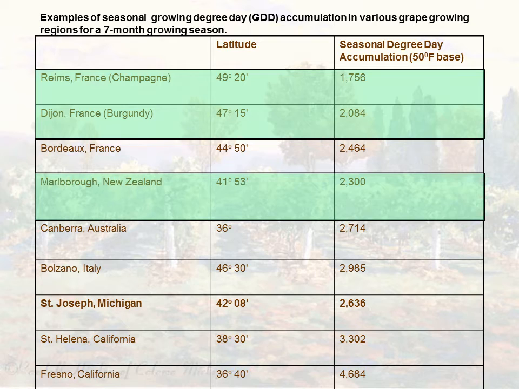They are early ripening grapes, or they are grapes that do not fully ripen because they're processed into champagne. So that range of growing degree days, say from about 1,800 to 2,300, is on the low end of established, well-known viticultural regions.